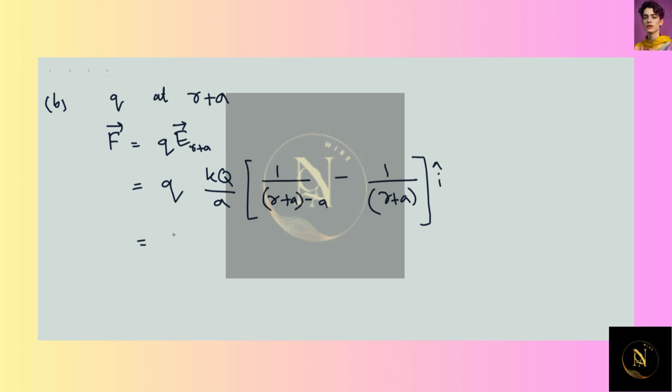So this is equal to k times small q times capital Q over a, times 1 over r minus 1 over r plus a. And again, since this q charge is positive, the electric force should point along the direction of the electric field and will be repulsive because both the charges are of the same sign. So here we have the vectorial expression of the force.